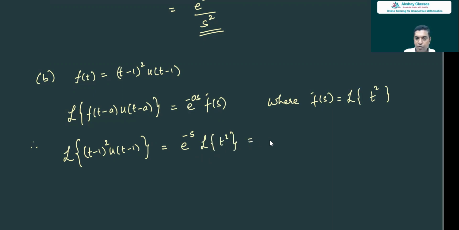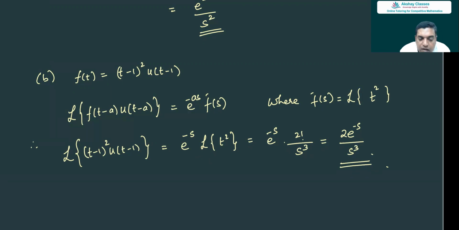And Laplace transform of t square is n factorial by s to the n plus 1. So you get 2 e power minus s by s cube. This is the Laplace transform. Direct result. Okay, that was the unit step function.